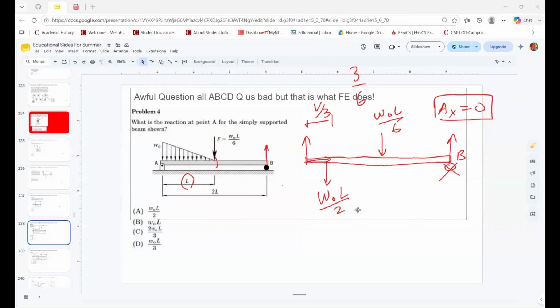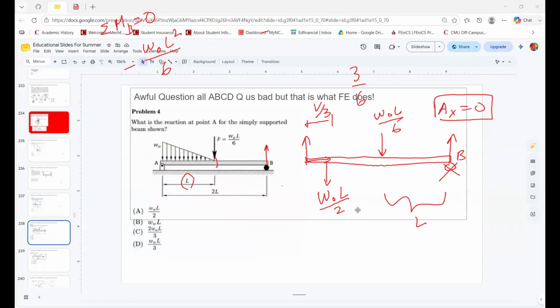But we could have just done a moment on B with summation equals 0. With that said, the moment on B, this is L, right? So we can have done moment on B, so it is WOL squared divided by 6. And that's negative direction. What am I doing? Sorry.